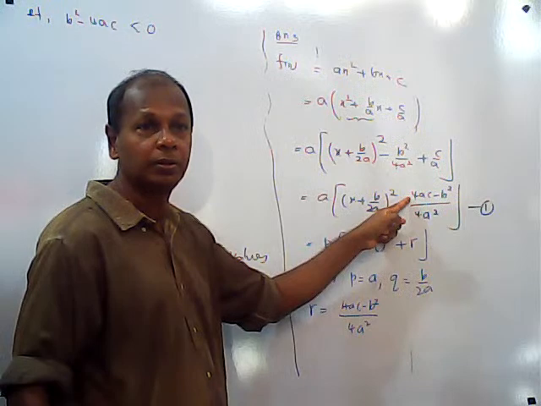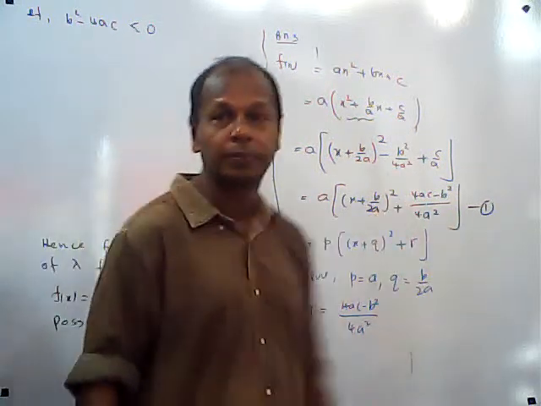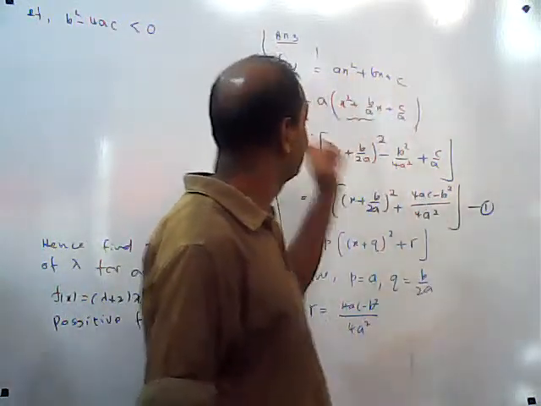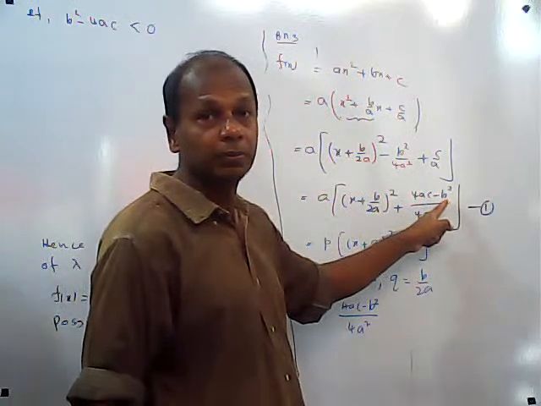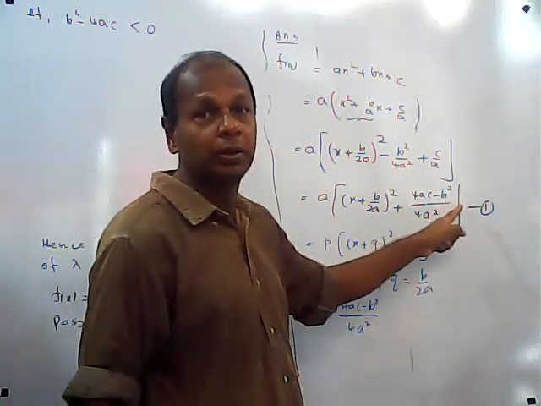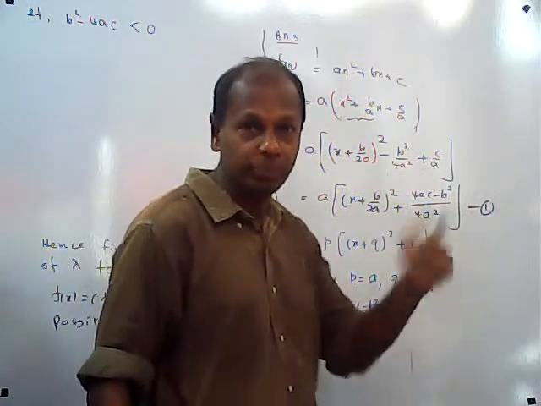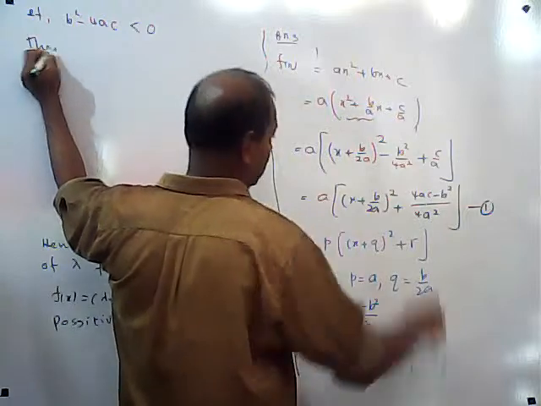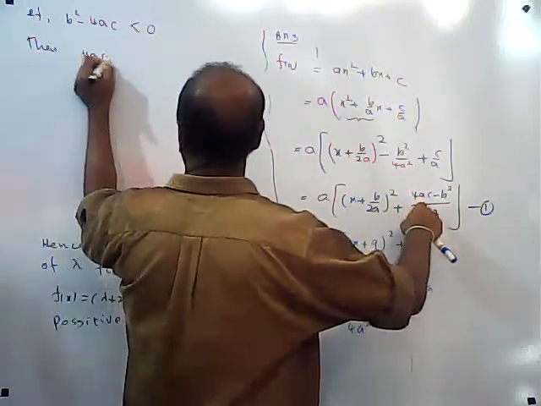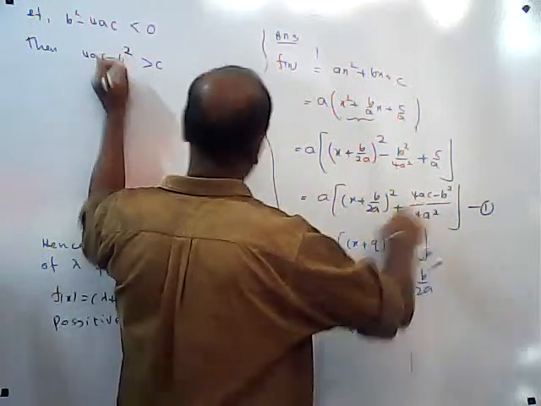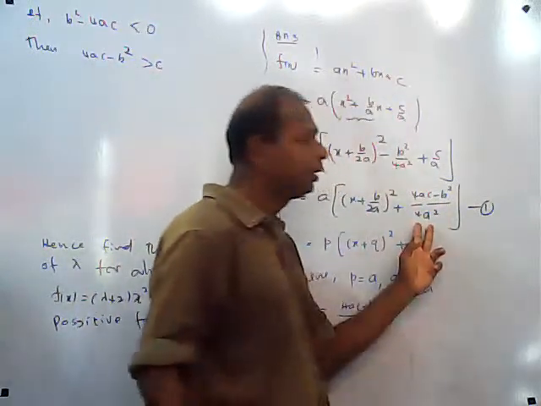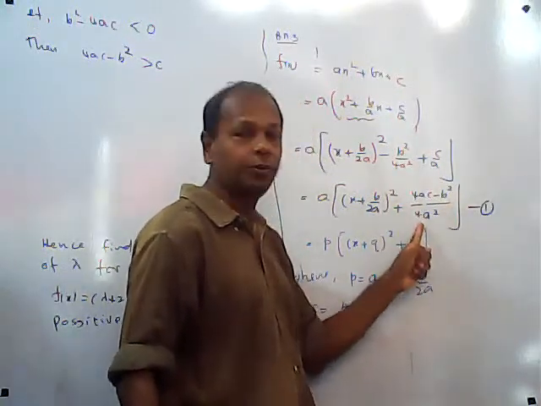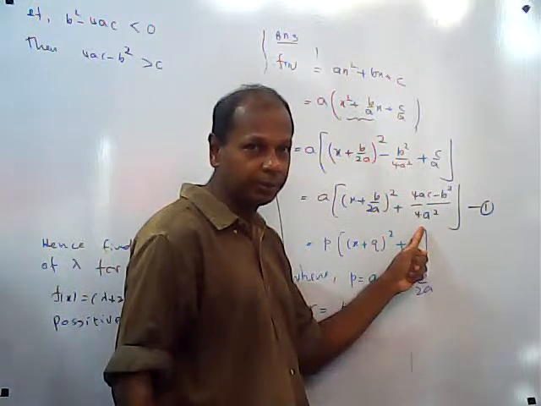If b squared minus 4ac is less than 0, then 4ac minus b squared will be greater than 0, the opposite sign, right? And you divide it, so this part is positive, you are dividing it by 4a squared. What happens?